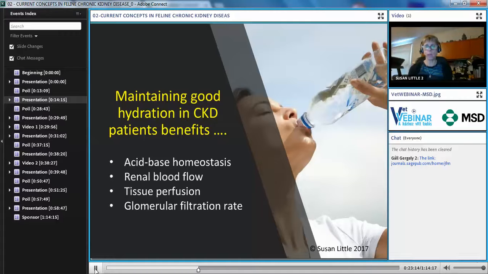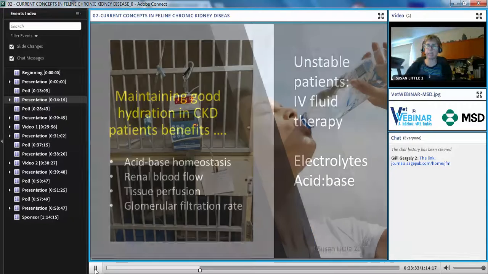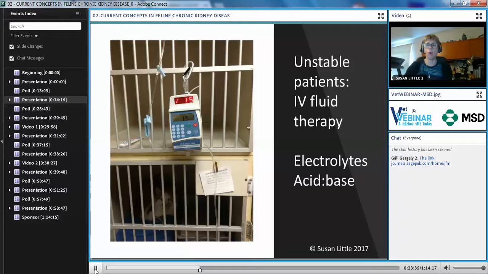And one of the ways that we can help either prevent that or treat it is by maintaining good hydration. And of course, being well hydrated improves blood flow to organs and tissue perfusion. And for the kidneys, that means a better or hopefully a more normal glomerular filtration rate. So there are some very specific reasons why we want to maintain good hydration to help improve renal function in these patients.